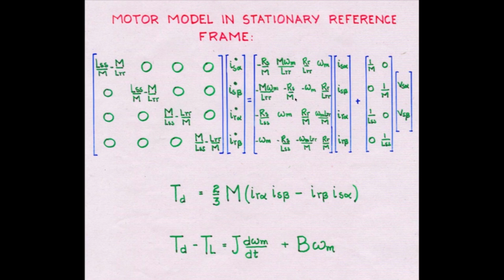So X dot is equal to AX plus BU. The inputs are the voltages, Vs alpha and Vs beta, the stator voltages in the alpha beta frame.